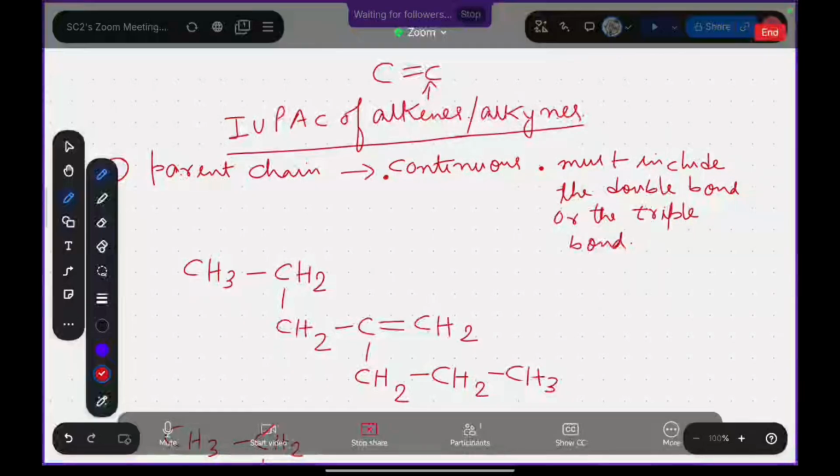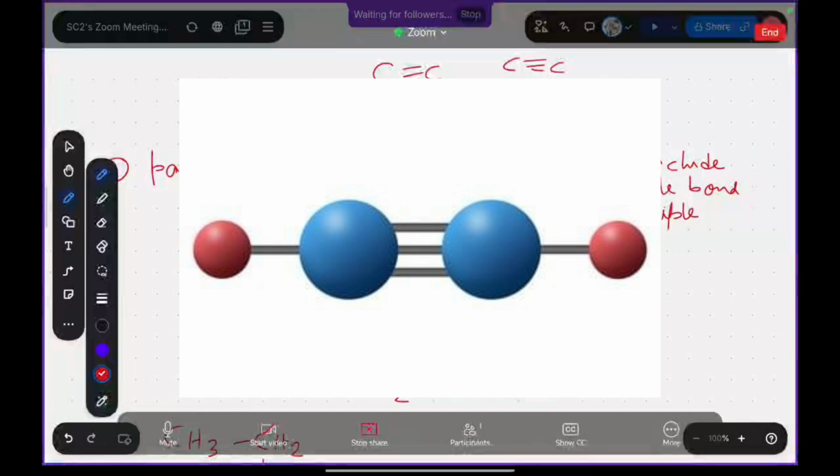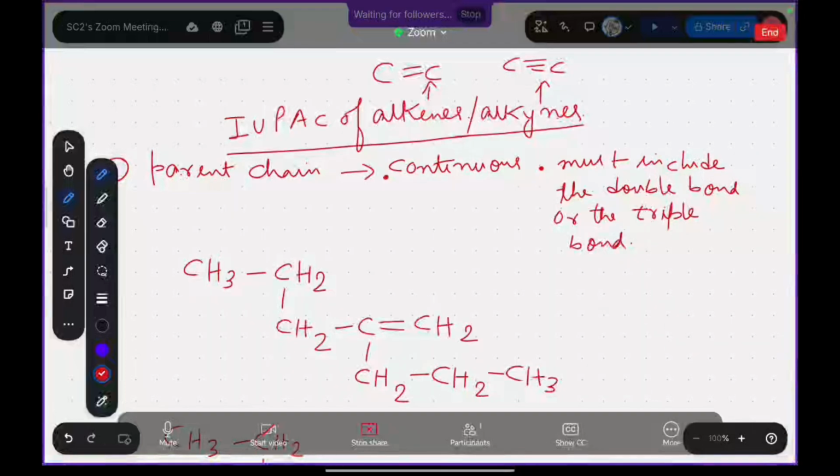And if there is at least one carbon-carbon triple bond, then they will be called alkynes. So carbon-carbon double bond compounds are alkenes and carbon-carbon triple bond compounds are called alkynes. These two are collectively called unsaturated hydrocarbons. You must have read this in your junior classes.